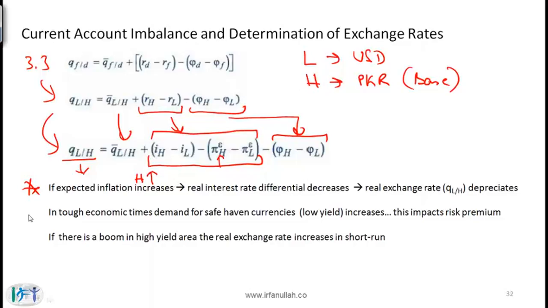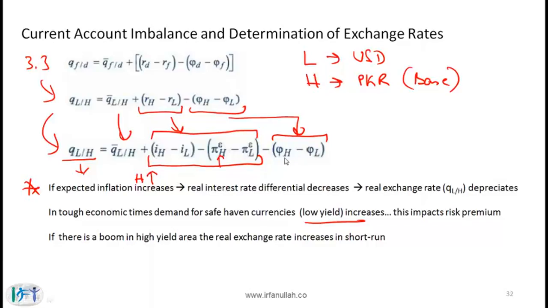The second point you need to know is that when we have difficult economic times, then investors will generally try to move towards safer currencies, which in this example would be the US dollar, which is the low yield currency. So the demand for low yield currency goes up, and this impacts the risk premiums.